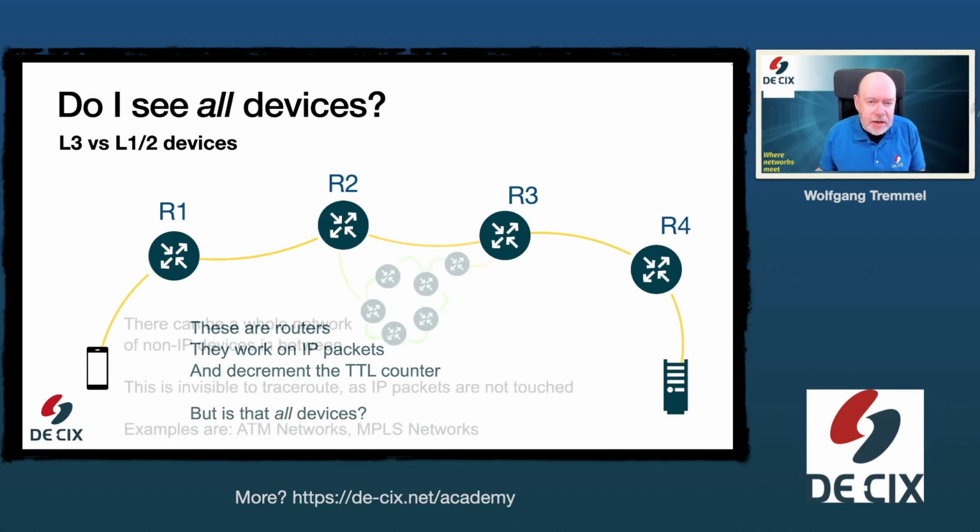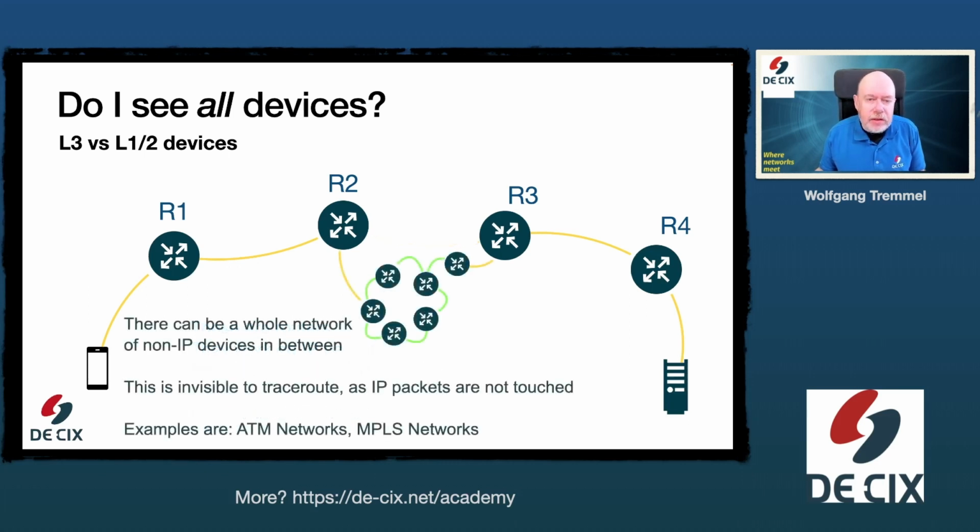There might be a whole cloud or unknown network in between two routers working on ATM or MPLS or a VPN tunnel.